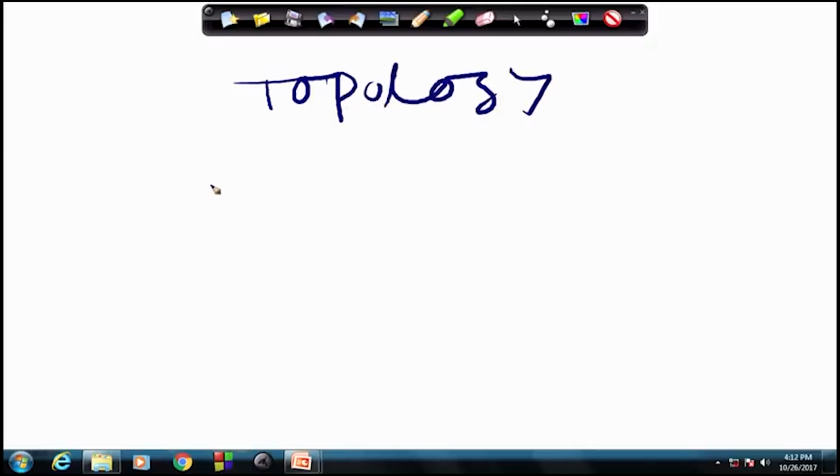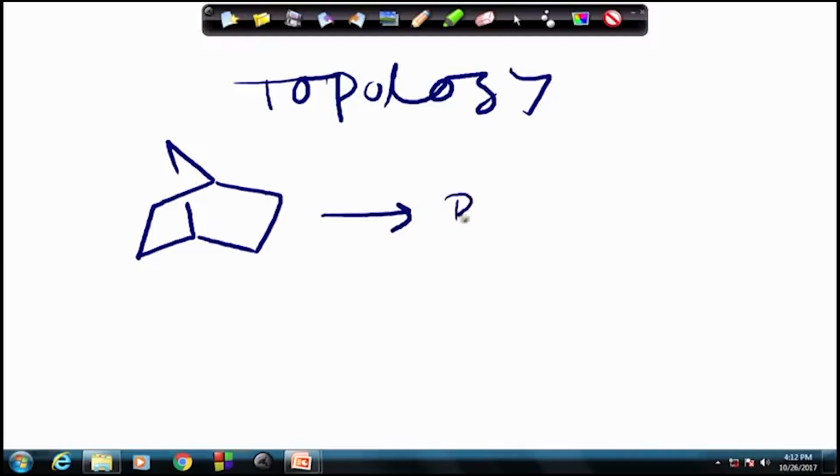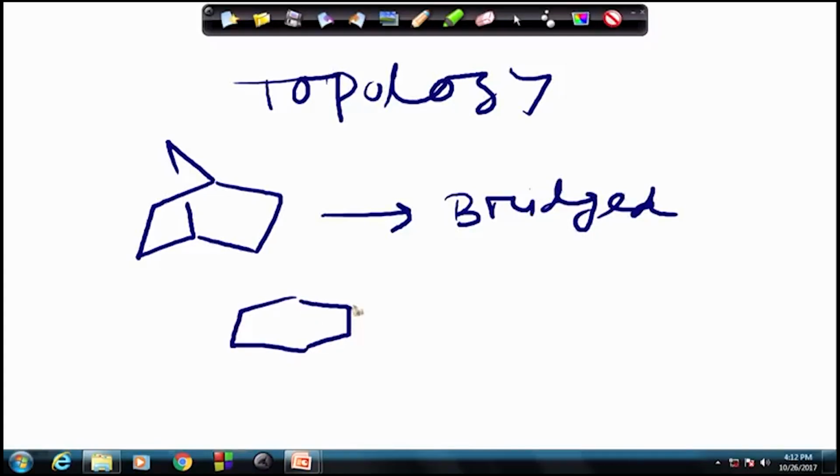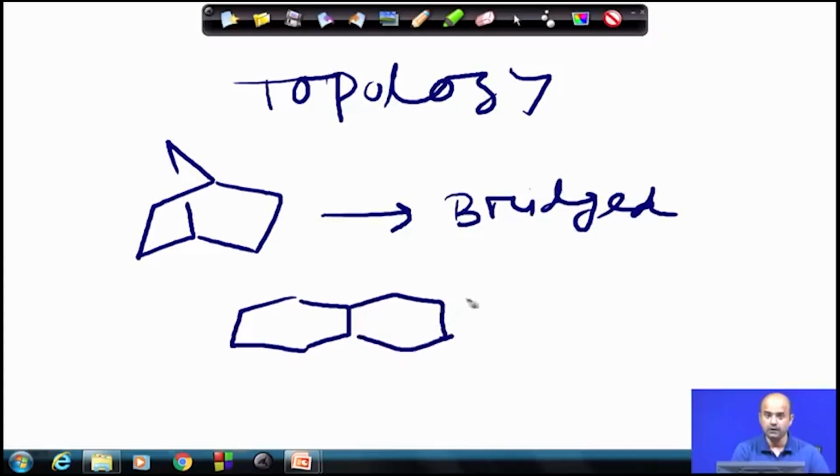Topology basically says how the cyclic groups in a molecule are connected. Now, this is a very unique topology. This topology gives you a bridged structure, a bridged unit. This is a unique topology, 2 cyclohexane rings linearly fused.